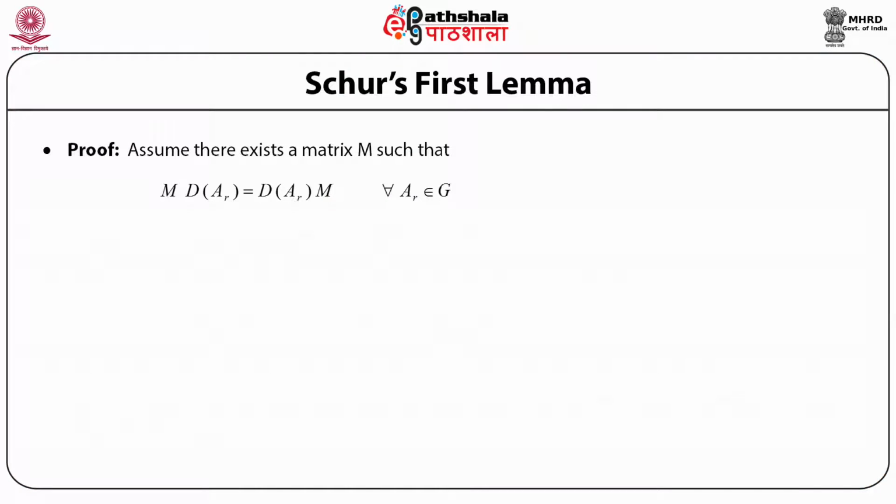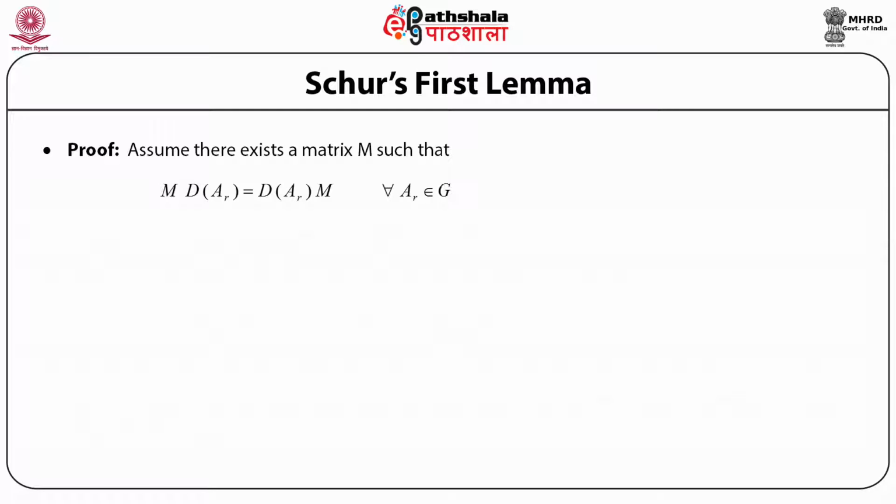That is, only if the matrix that commutes with a representation is a multiple of identity, is the representation irreducible. I will now indicate the proof of Schur's first lemma.